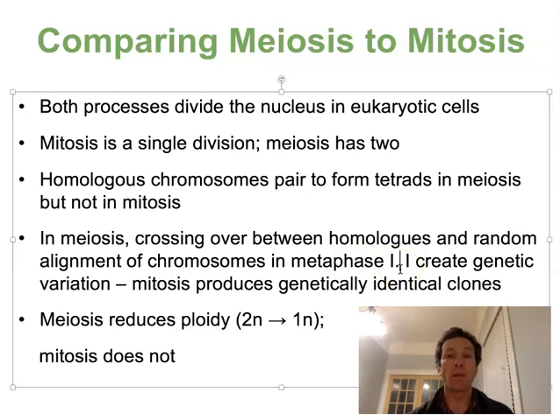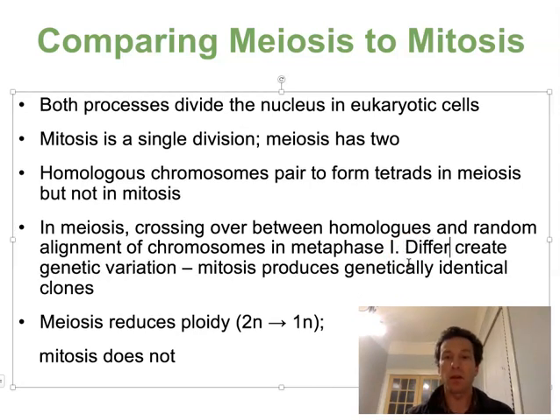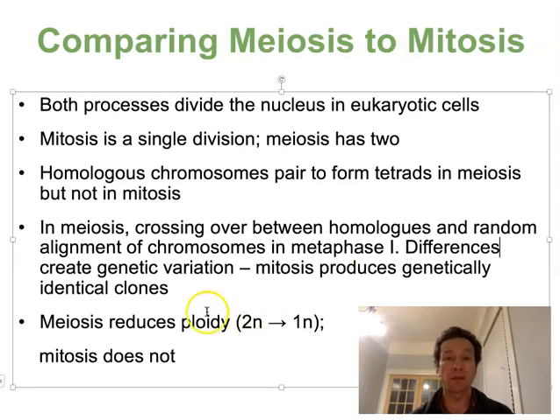And these two differences create genetic variation, which is going to be important for sexually reproducing offspring. The goal of mitosis, in contrast, is to produce genetically identical clones, which is why neither of these two processes occur.